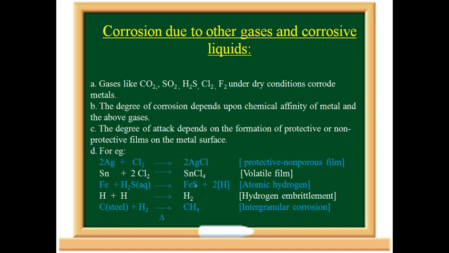So in one way, hydrogen is corroding the steel tank. Such type of corrosion due to hydrogen is called hydrogen embrittlement. What is it called? Hydrogen embrittlement.